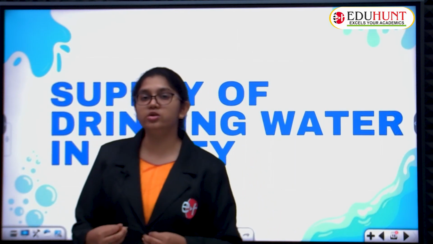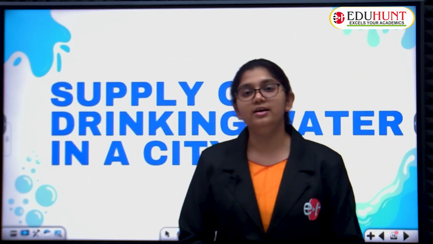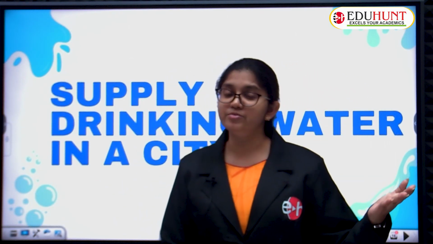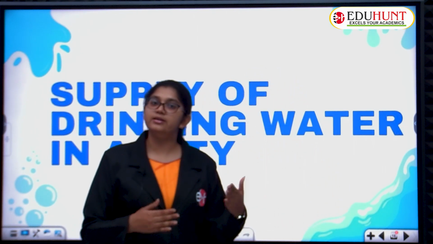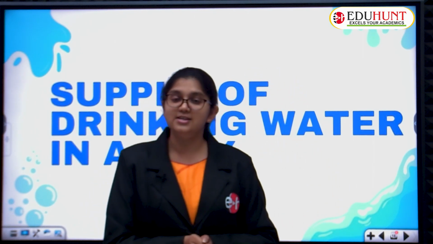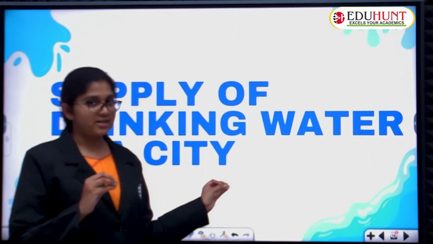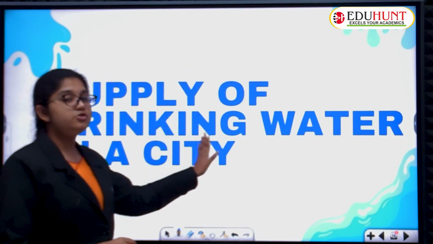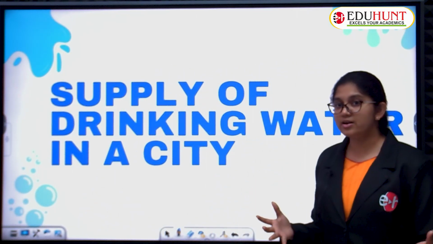So how is this water allowed to pass through different stages? Because it should be free from harmful bacteria, and free from suspended impurities. So we'll see how all these work. This is all about today's class, the supply of drinking water in a city, because there is a huge population in all of the cities.